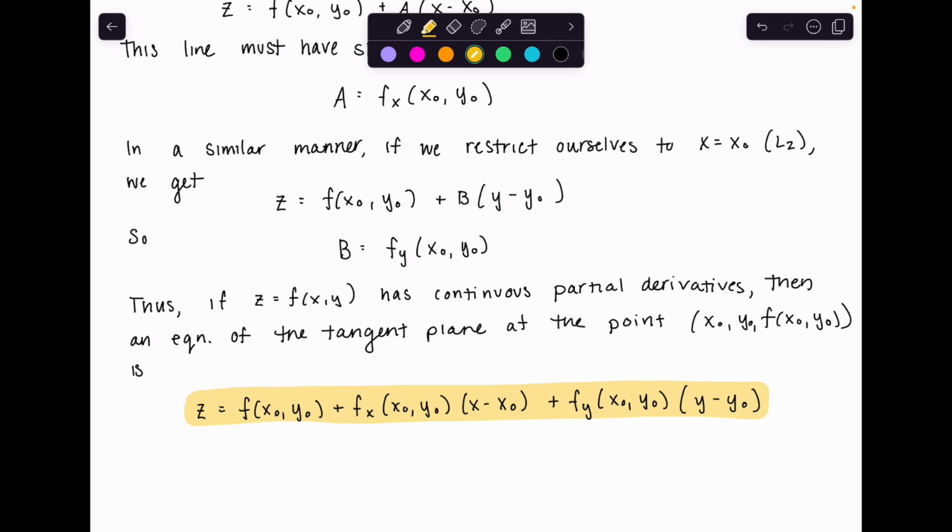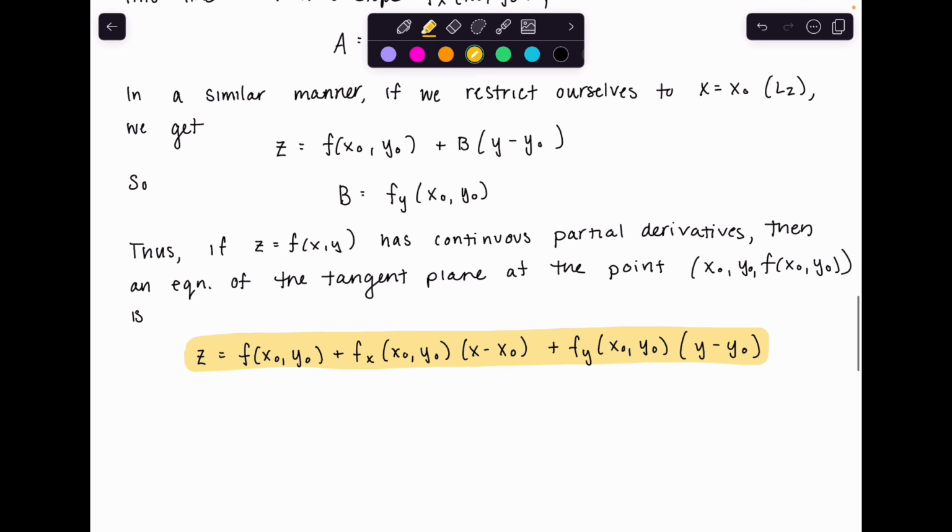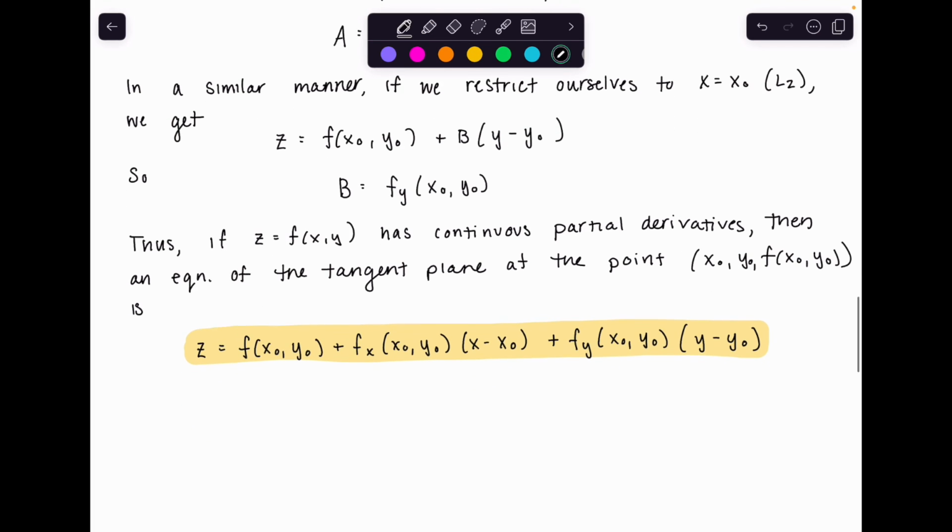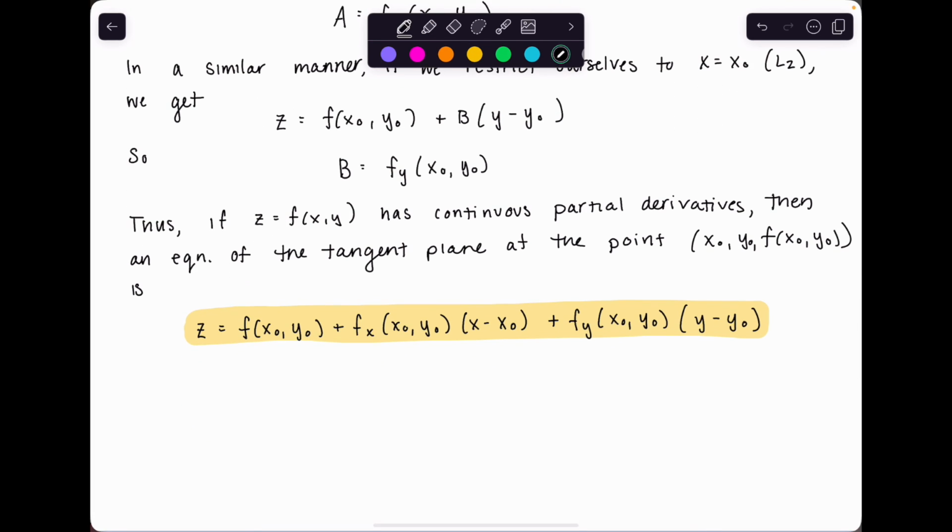To relate this to what we did with level surfaces, just to show you quickly, if you have this equation, what you can do is just rearrange it. This tells you 0 is a function of x, y minus z. That's exactly a level surface.